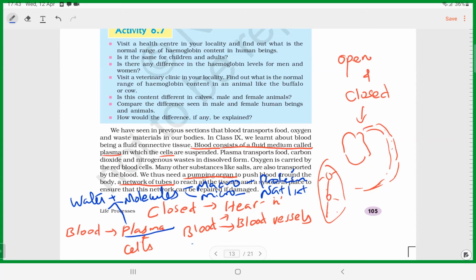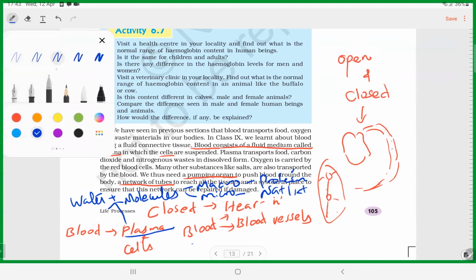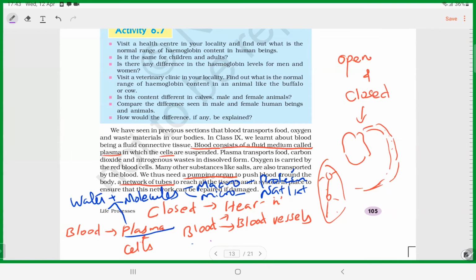And what are called cells? What are the different types of cells we have? We have erythrocytes, leukocytes, and thrombocytes.